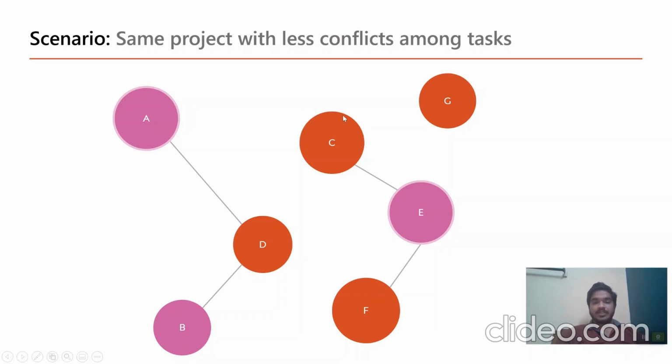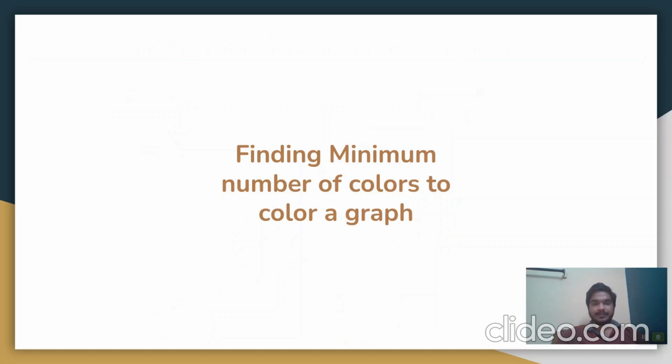So the same project can be denoted in this way as well, where we have removed the dependency of D with C, F and E, making this a two color problem, a colored graph which has chromatic number 2. Now next, the importance of this particular paper is to look at how we can have a lesser chromatic number, hence lesser waiting time.